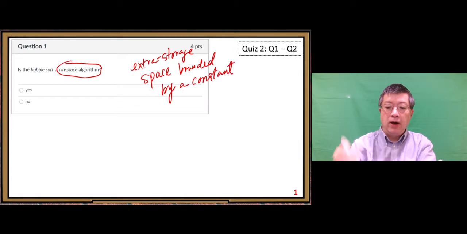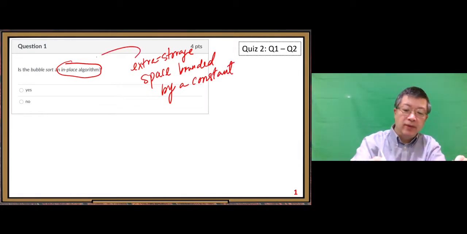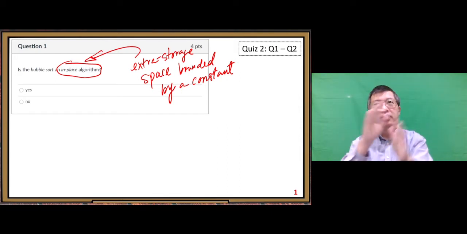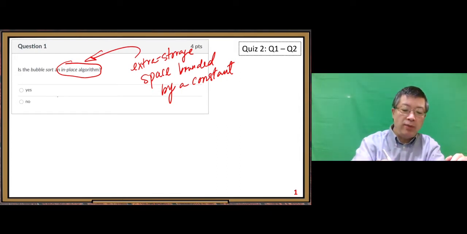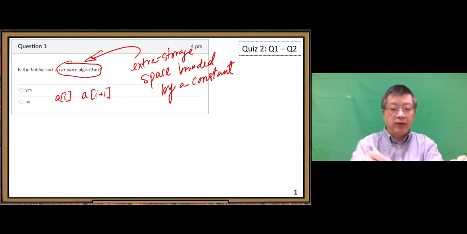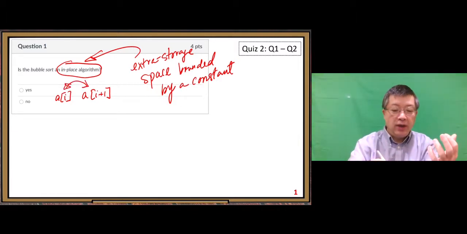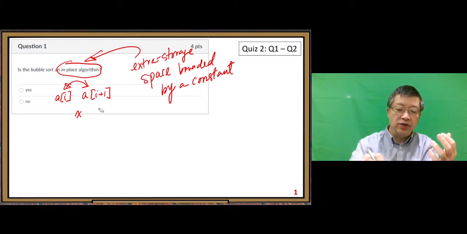All right. So let's check. Here, the bubble sort. We do local swap. The basic operation is local swap. So let's assume when we do swap for two adjacent elements, we just need one extra storage space.